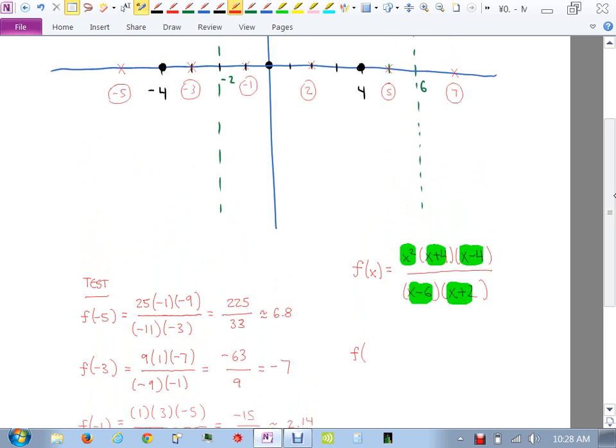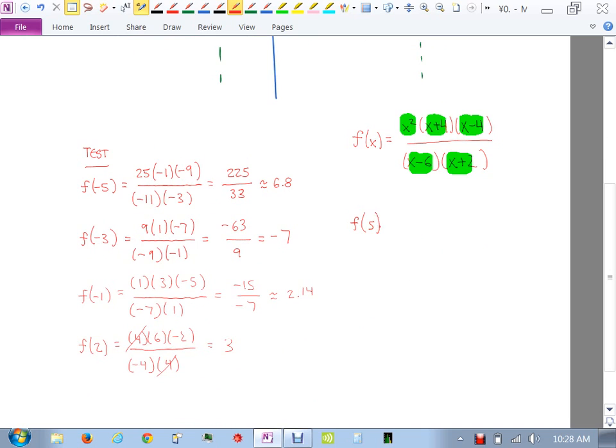F of 5: 25, 9, 1, -1, 7. 225 over -7, which is -32 point something, okay, -32.14.